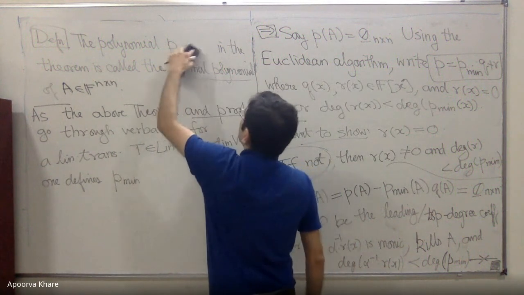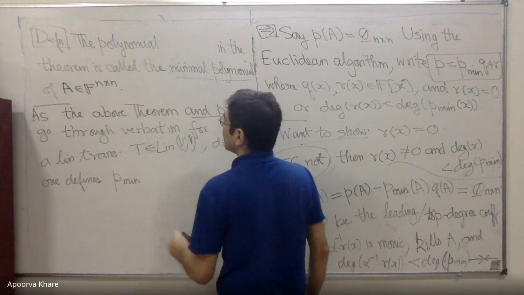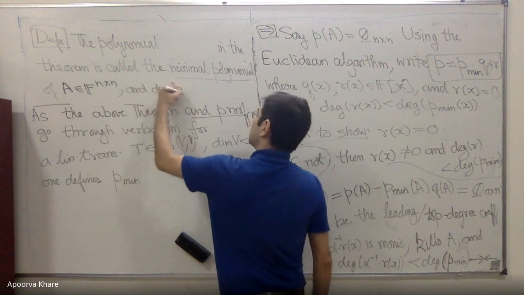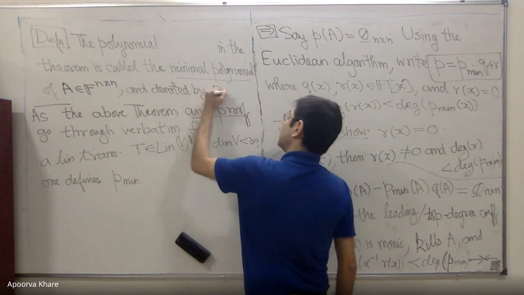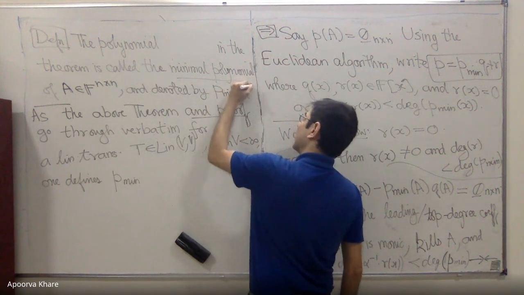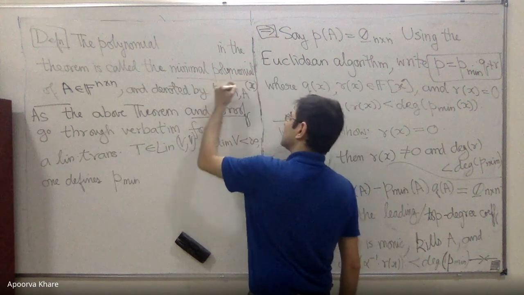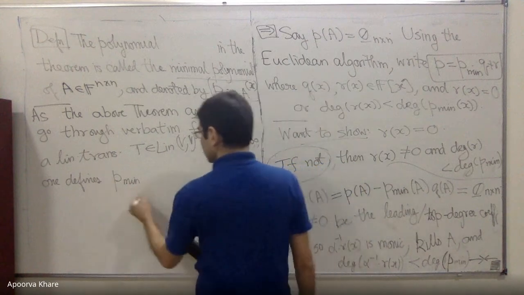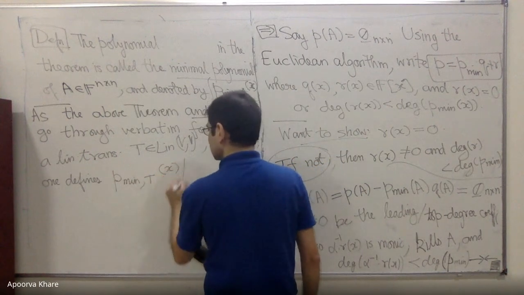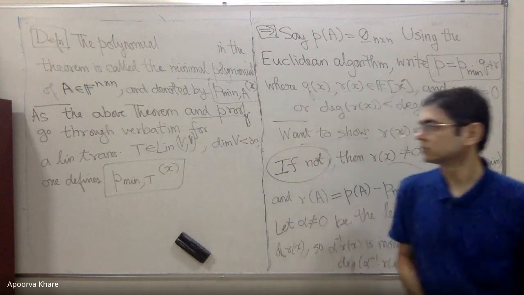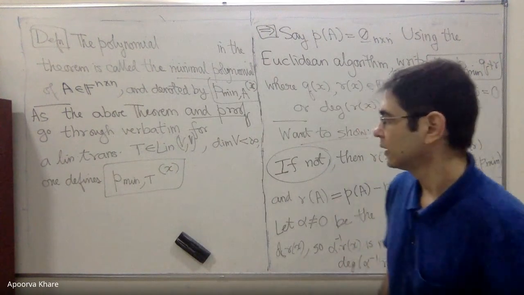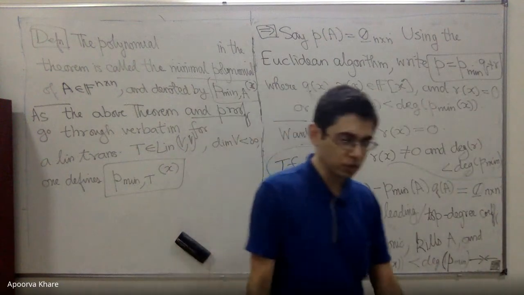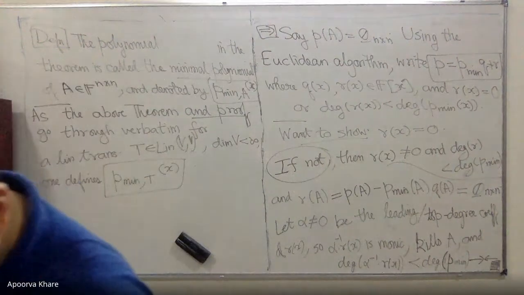It's called and given by P min comma A of X. Sometimes I want to put the A in the subscript, just to tell you which polynomial. And so similarly, one defines P min comma T of X. No difference. And of course, when you give T a basis, then P min of T equals P min of A. But I don't even know if I'll prove it.